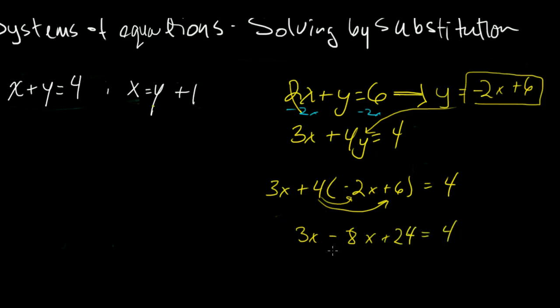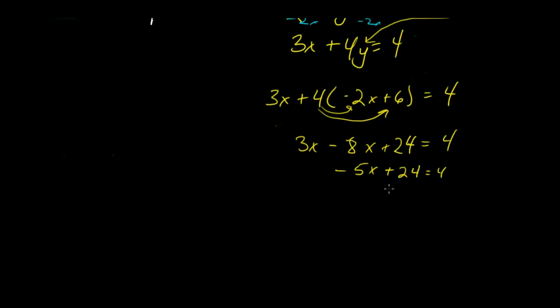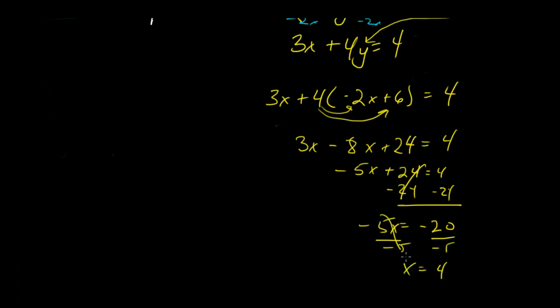Now we can use our rules of engagement to solve for x. Subtract 24 from both sides, and we get negative 5x is equal to negative 20. Divide both sides by negative 5, and x is equal to 4.